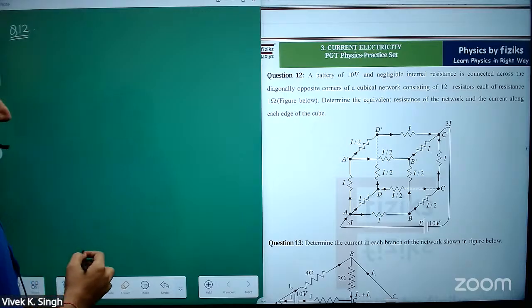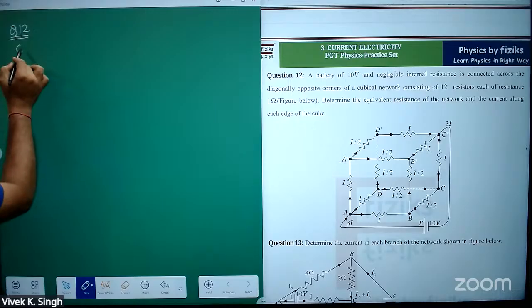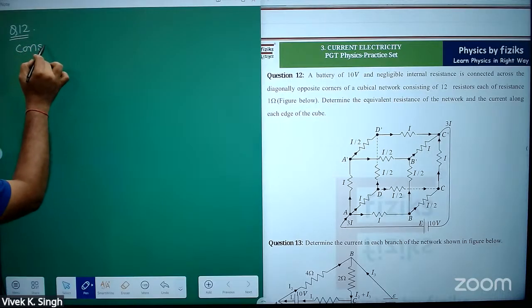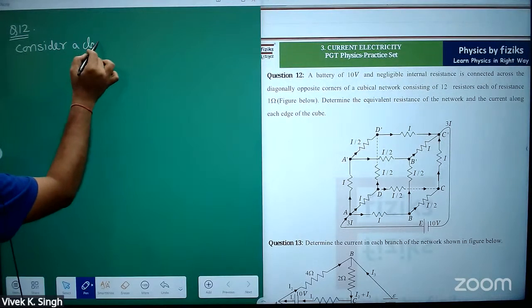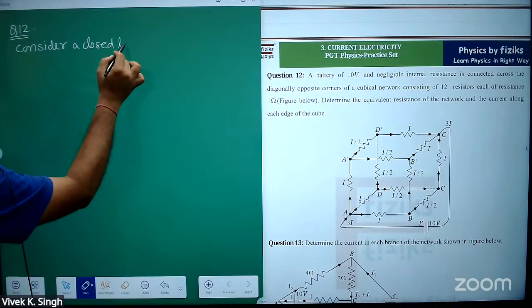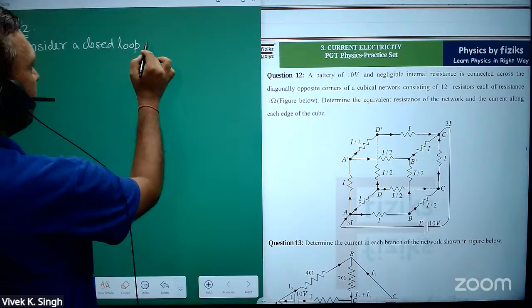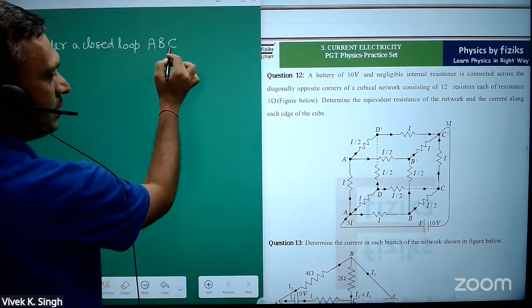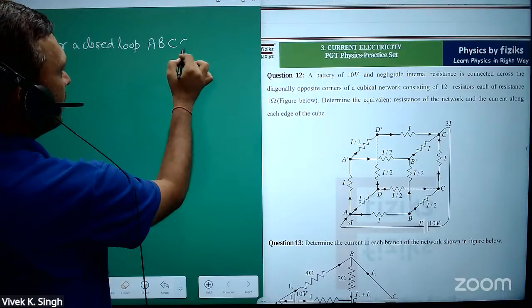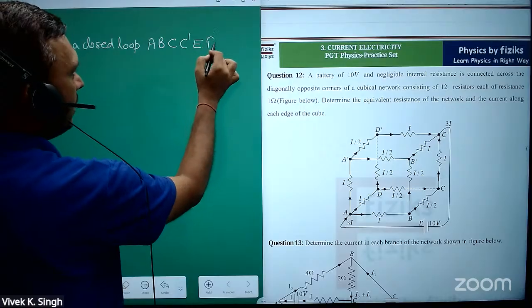So I'm considering a closed loop. This is A, then B, then C, then C dash. Again, you will return to the battery E and A.